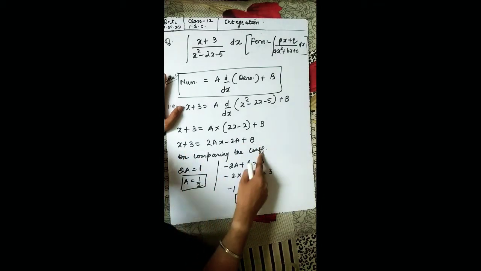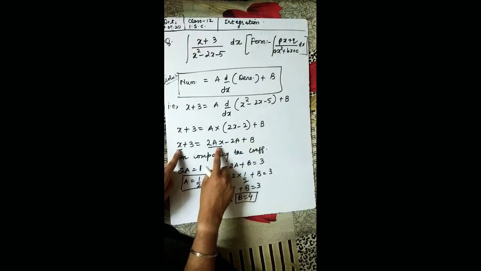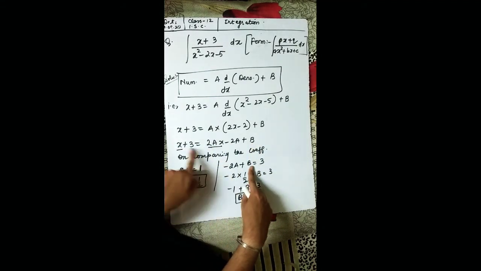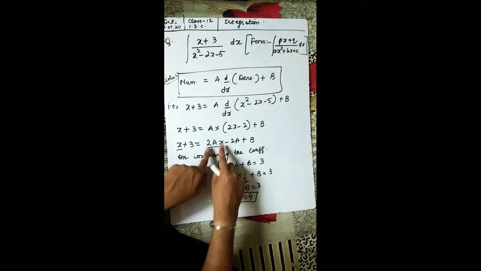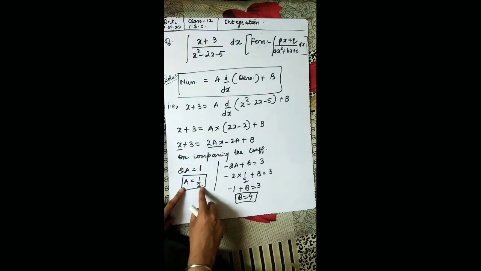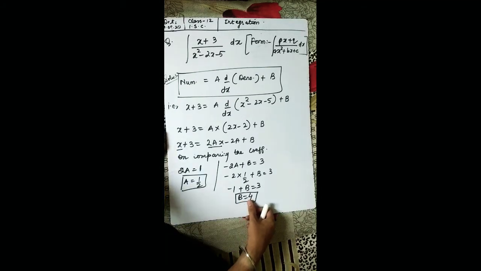On comparing the coefficients, let us compare the coefficient of x and x here. So it will be 2a equal to 1, and here 2a minus b equal to constant with constant, variable with variable. So we got the value of a as 1 upon 2, and on substituting we got the value of b equal to 4.